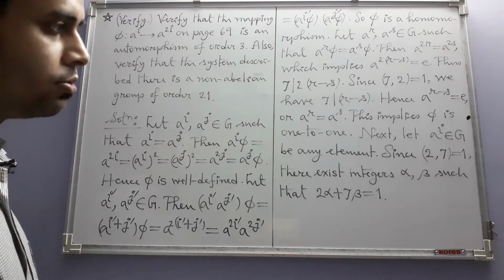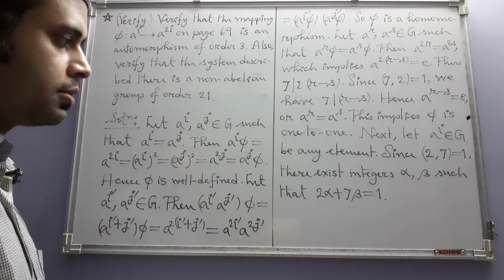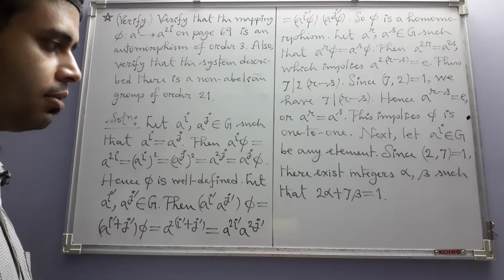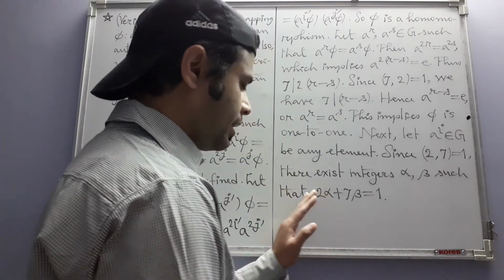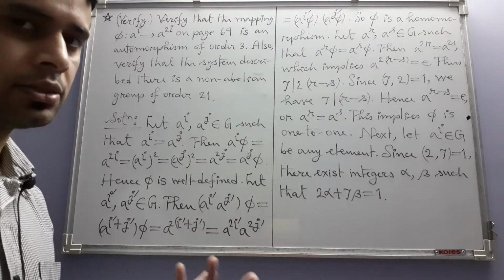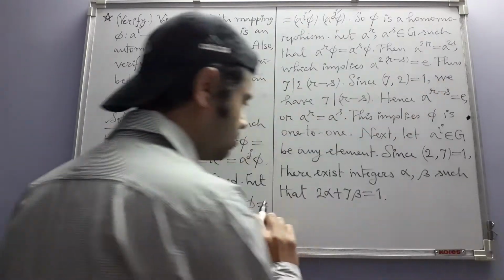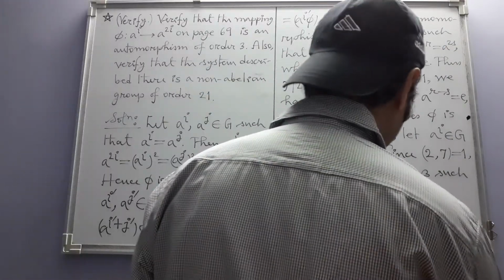Since 2 and 7 are concrete integers, we could write some concrete value of alpha, but it does not matter. The important fact is that there are such integers alpha and beta. There is no real need to find some actual alpha and beta. Their existence is enough.